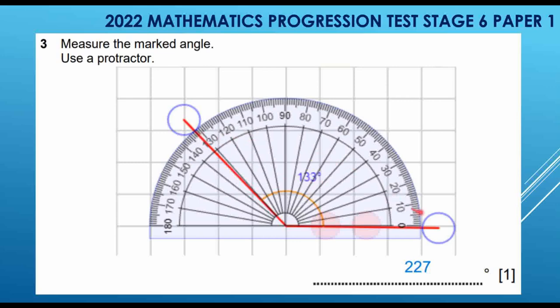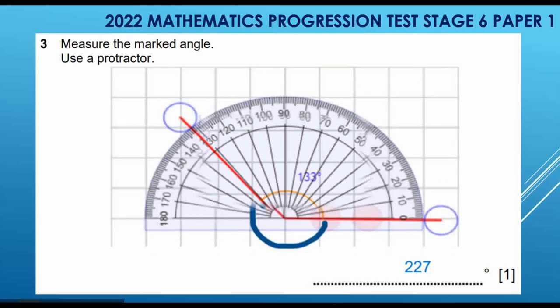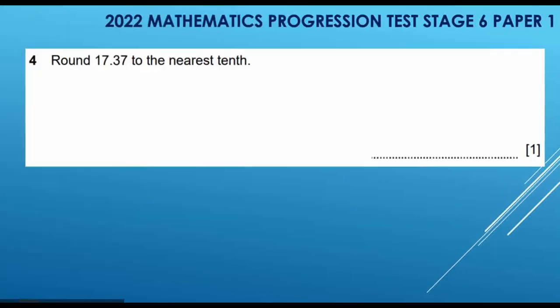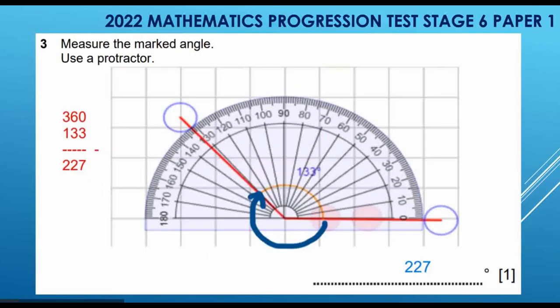But the marked angle is this angle in blue, so we have to subtract from the whole circle: 360 minus 133. 360 minus 133 is 227, and that's how we got the answer. It is 227 degrees for this angle.